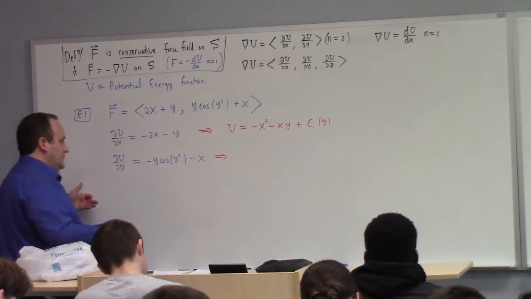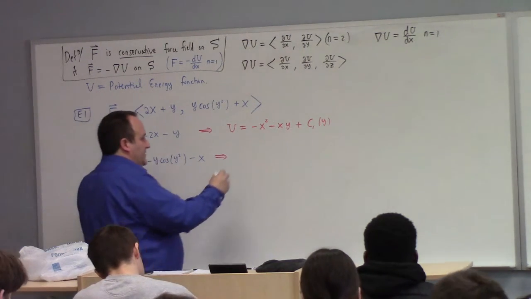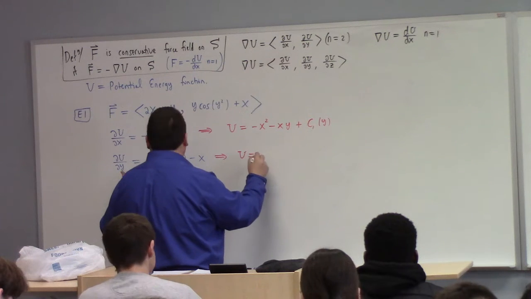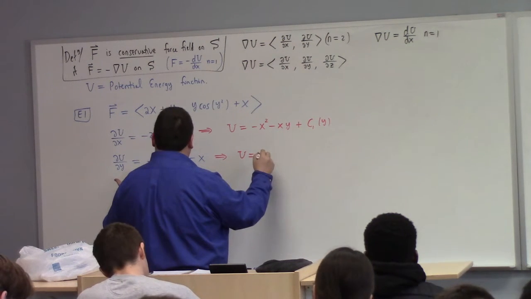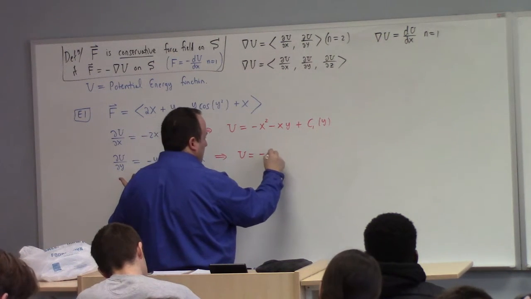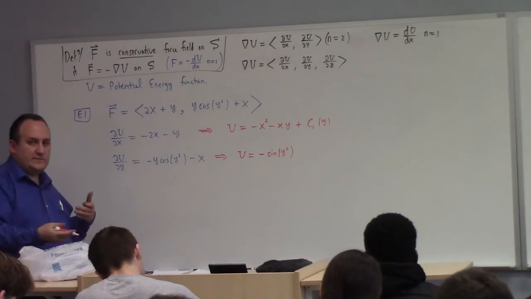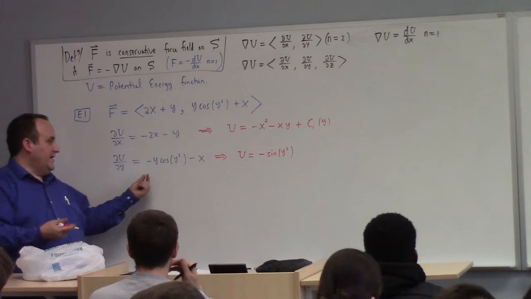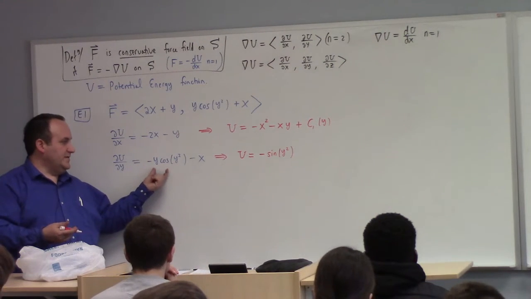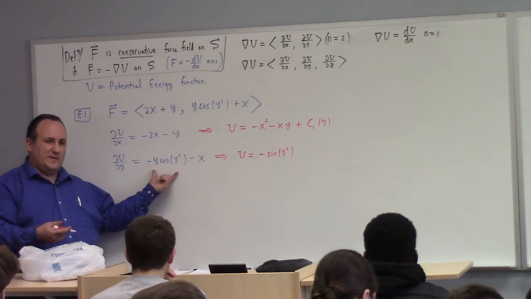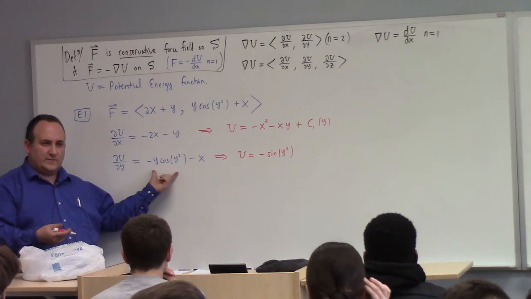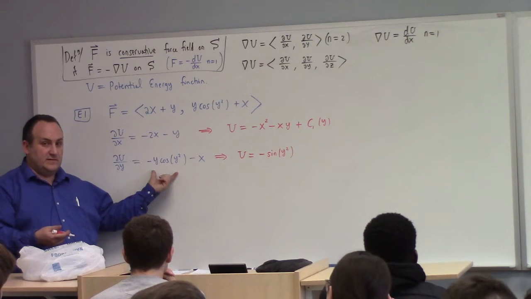Integrating the second one tells me that my potential energy looks something like, let's see here, minus the sine of y squared. Because if I differentiate sine of y squared with respect to y, I get back, oh wait a minute, do I get this? I would get back minus cosine of y squared times 2y, right? Is that right?